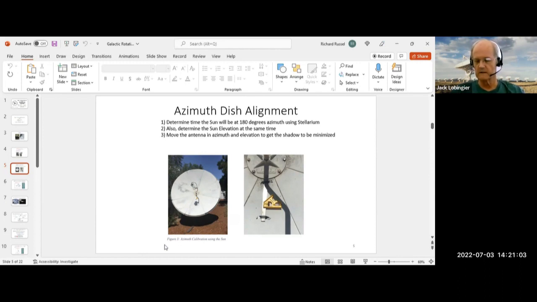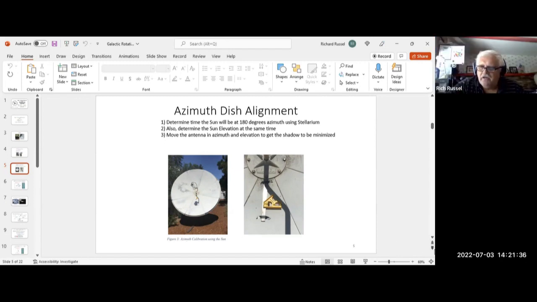Once I got the receiver running, I could look at the bell curve as the sun passed through the dish, and knew where it should be and where it actually was, and then knew how to adjust the position to be as close to the sun passage as possible. Great stuff. I like all that.